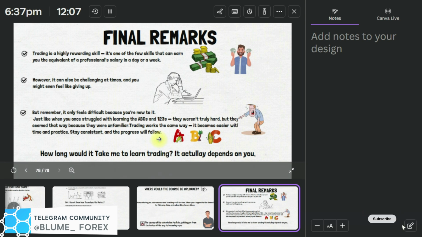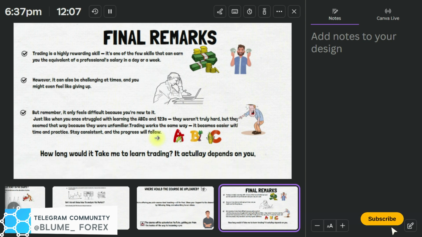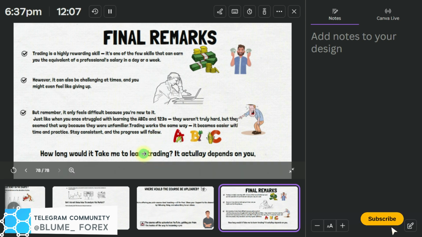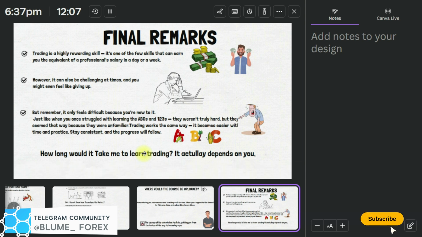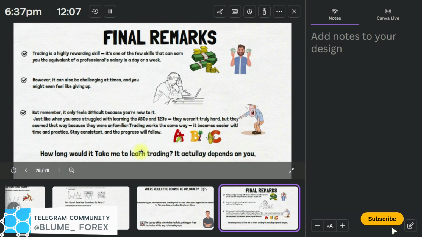So it can take them just a month to learn how to analyze the market. It can take some people 2 months, it can take others 3, 4 months. But if you think about this in perspective, it's not a lot of months. Even if it takes you a year to learn trading, which for technical analysis is too much, right? But let's say you are very slow and it takes you a year.